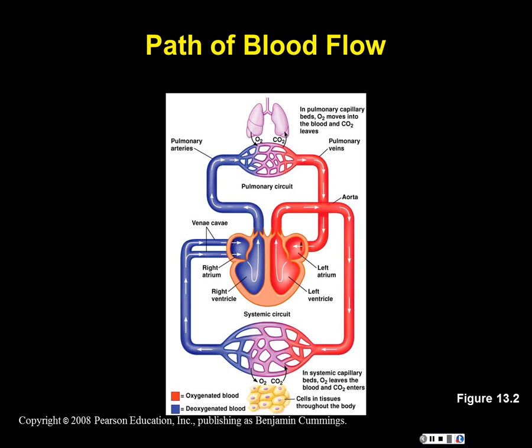And then even though we have one heart, we said we can functionally divide it into a left versus a right half as well. The right half distributes blood to which circuit? Pulmonary. So thusly it must receive blood from the systemic. And then reverse for the left side of the heart.